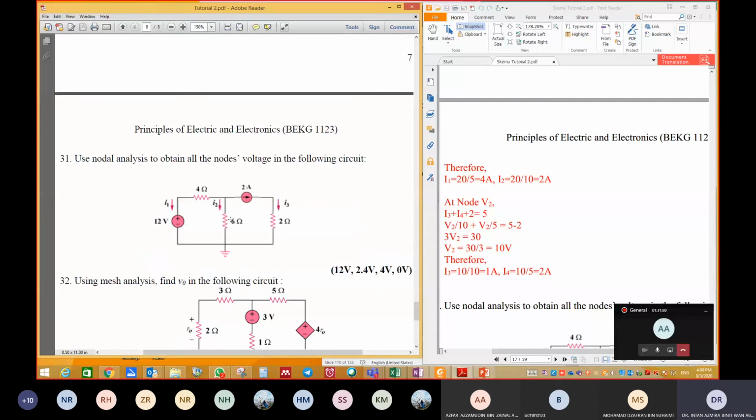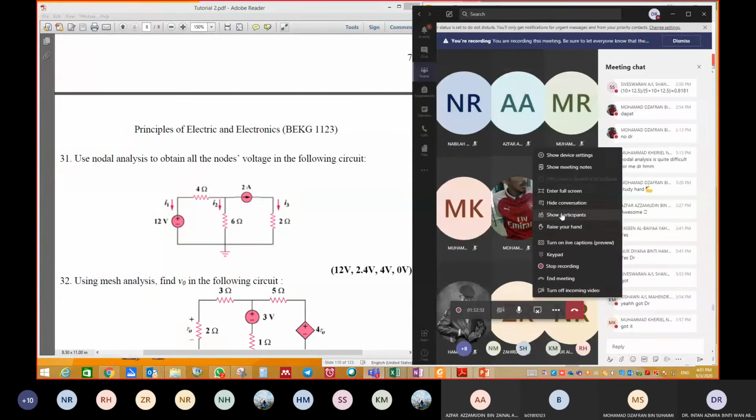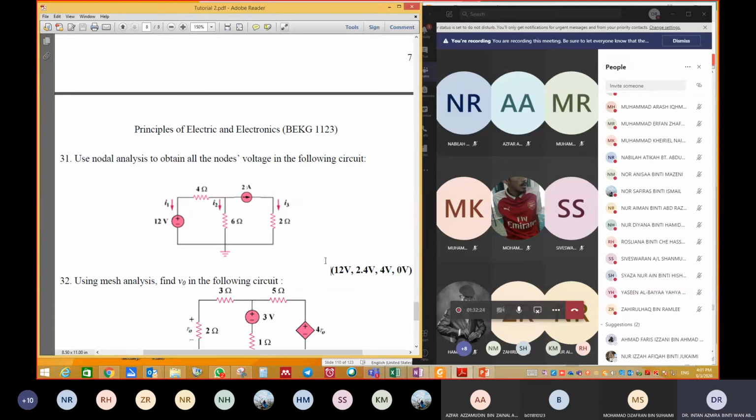And then number 31. Use nodal analysis to obtain all the nodes voltage in the following circuit. Try number 31. How many nodes here?